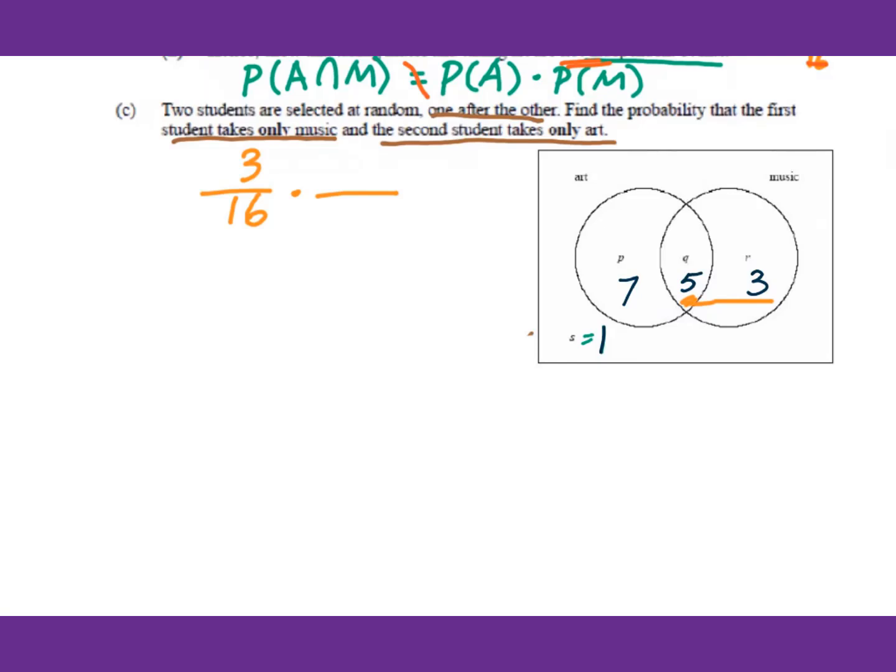That will be 7 over 15 because this is a dependent event. You can put this into a calculator and you will get 7 over 80.